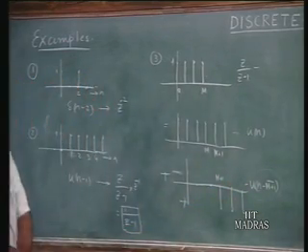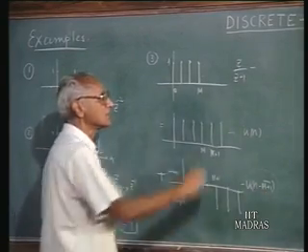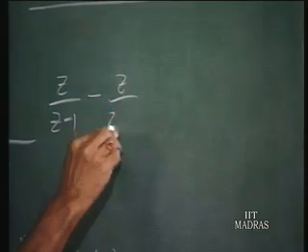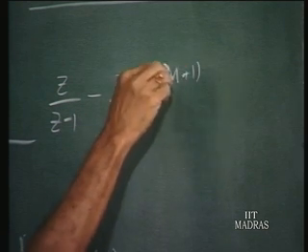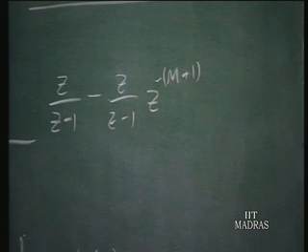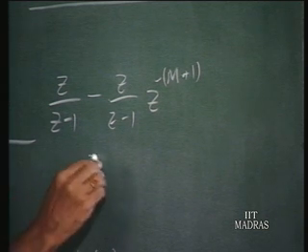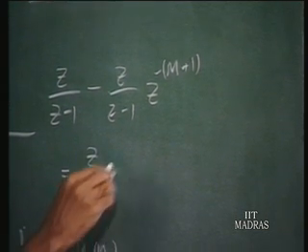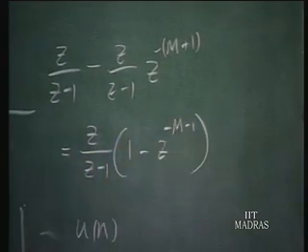The z transform of this function is the same step function which is delayed by m plus 1 units. Therefore, z upon z minus 1 multiplied by z to the power minus of m plus 1. Therefore, we can write this as z upon z minus 1 times 1 minus z power minus m minus 1.